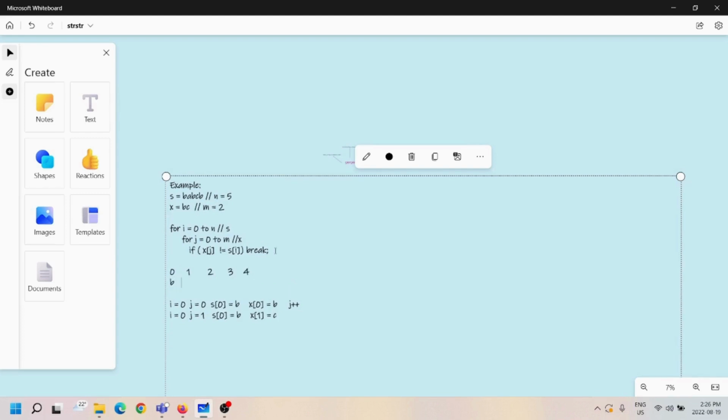So s has b, then a, then b, then c, and finally b. Since I have written for s, let's write for x as well. So we have 0, 1, and similarly we have b and c. So this is representing my s string, and this is representing my x string. Okay, so in the first iteration, j was here and i was here.